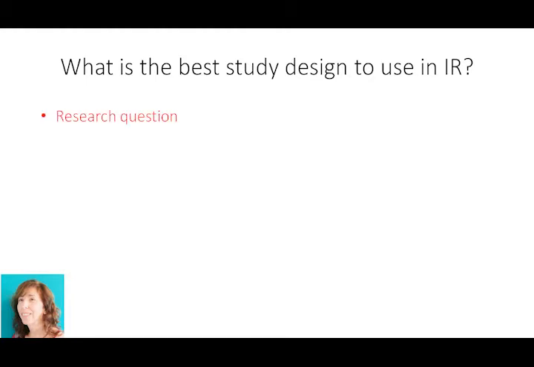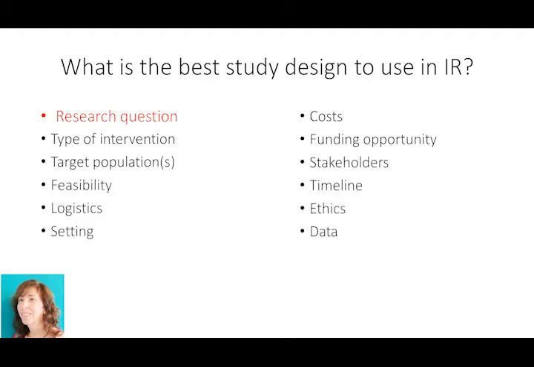Our challenge is to choose the best study design to answer the research question or questions that we have. Of course, there are other factors to take into account, such as the type of interventions we are working with, the target population, aspects of feasibility, logistics and settings.